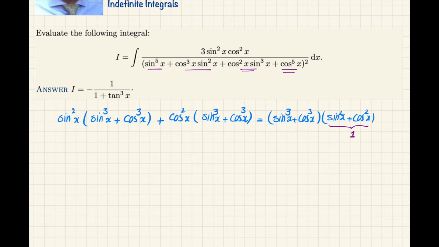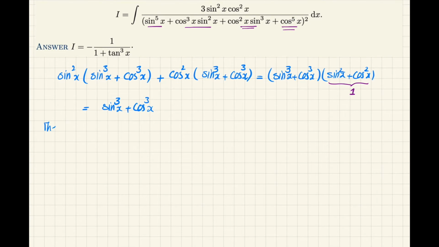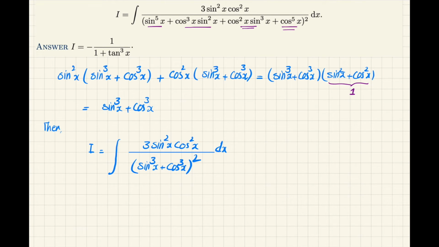Then what I get is sine cubed x plus cosine cubed x. So then the integral that I am looking for becomes the integral. The numerator, I just keep it as it is for the time being, of course. And the denominator becomes simply sine cubed x plus cosine cubed x, but of course I have a power of 2, then I will have dx.